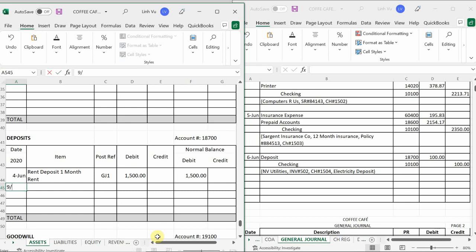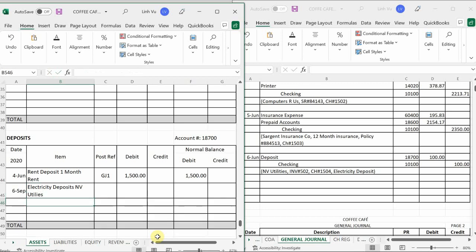And now I'm going to enter information about my electricity deposit. So you can write electricity deposit. You can even put in the person's name or the vendor's name. So you can write NV Utilities.